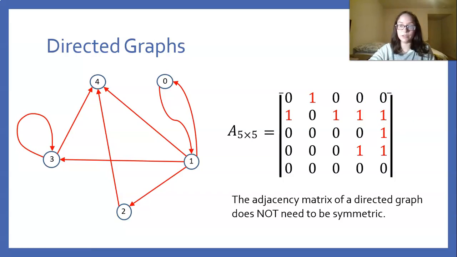But if we look the other way around, there is no edge from node 4 to node 1, and we can see this on the adjacency matrix, where row 4, column 1 has a 0, because there is no edge going in that direction between the two nodes. So if this was an undirected graph, it would be symmetric, but since it's a directed graph, the adjacency matrix is not necessarily symmetric.